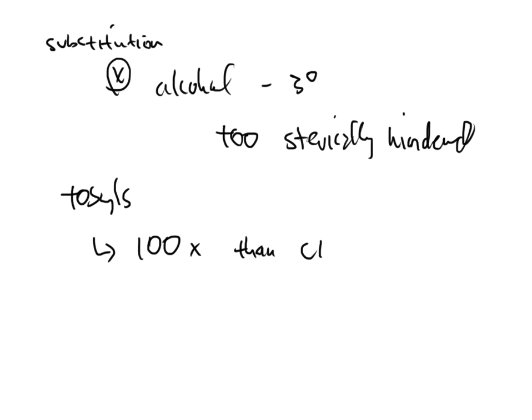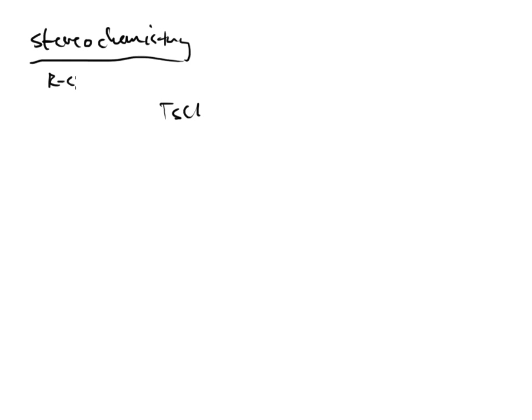Something else I want to say before I stop this video is stereochemistry. Oh gosh, stereochemistry. I hate stereochemistry. Do you hate stereochemistry? Well, here's the thing. We've talked about tosyl chloride now, and it really looks like this is an alcohol, and the alcohol is converted over to this tosyl chloride piece.